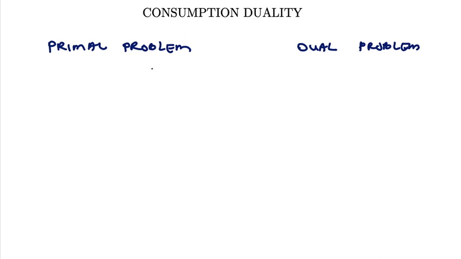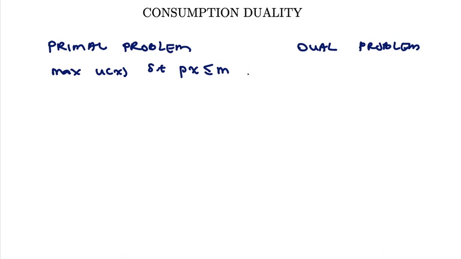Now, when we talk about primal problem in mathematics, if you can recall back, we're actually maximizing utility of consumption of bundle X or vector X goods subject to total expenditure, which is less or equal to income.